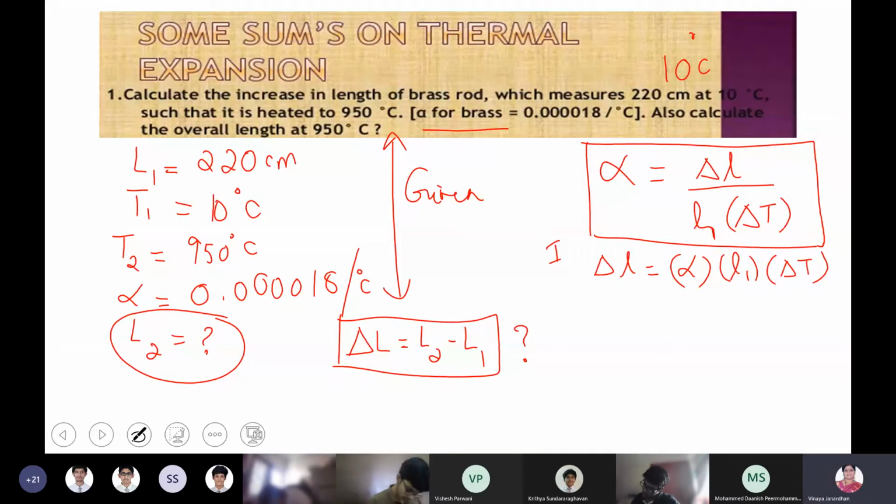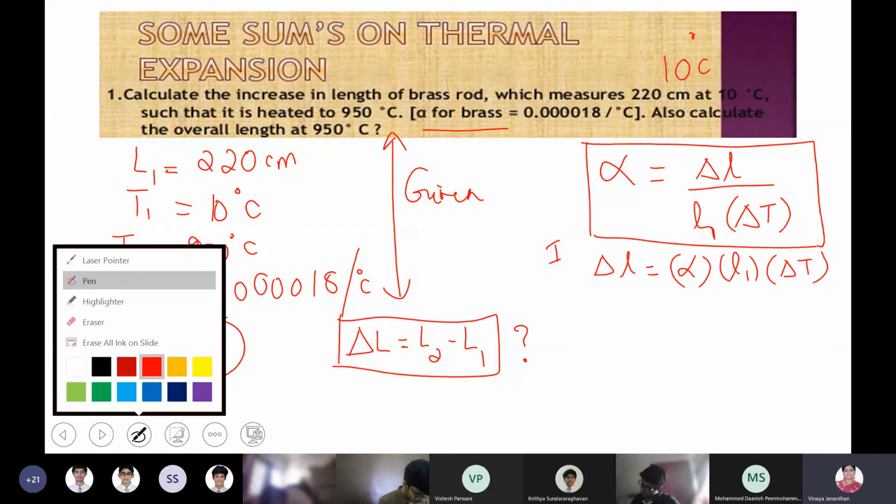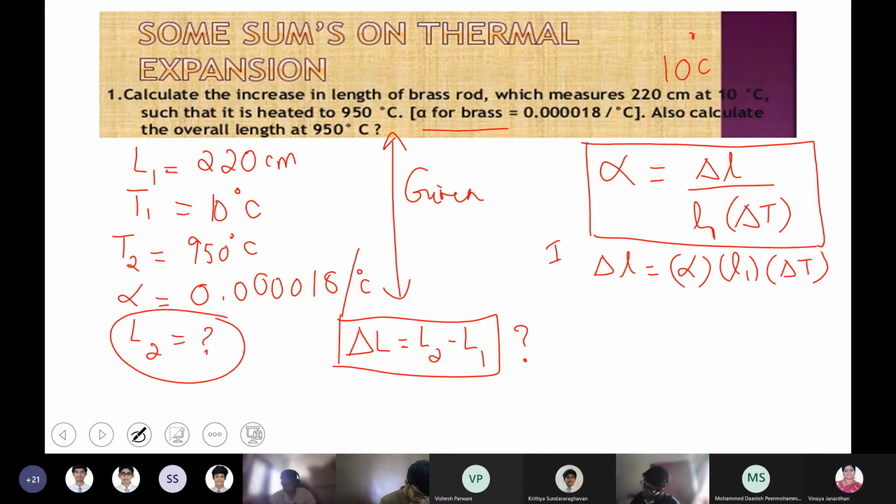I want this answer from Abhishek and Austin. This is the first step.